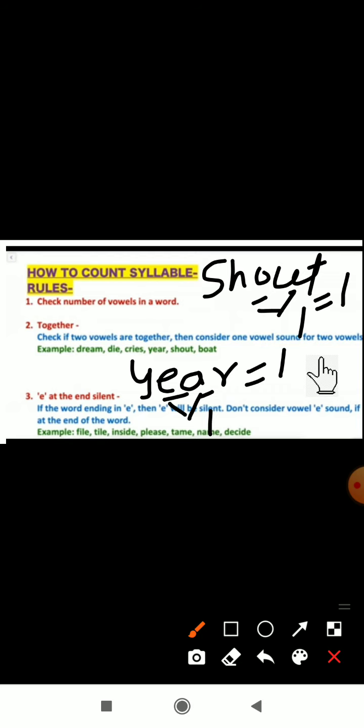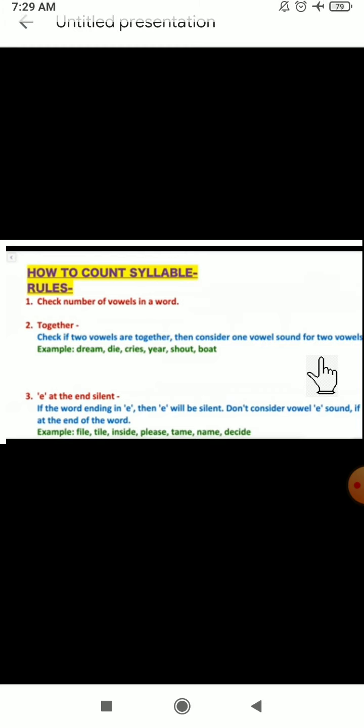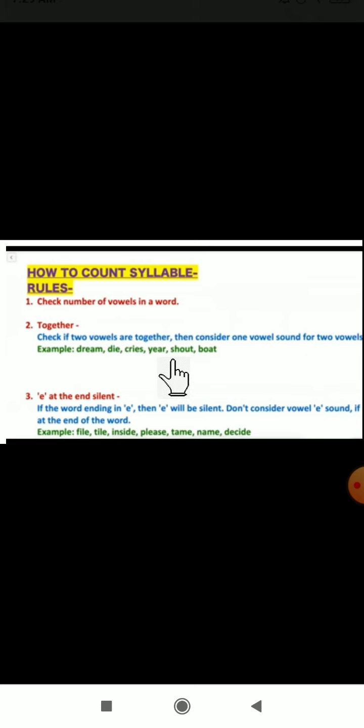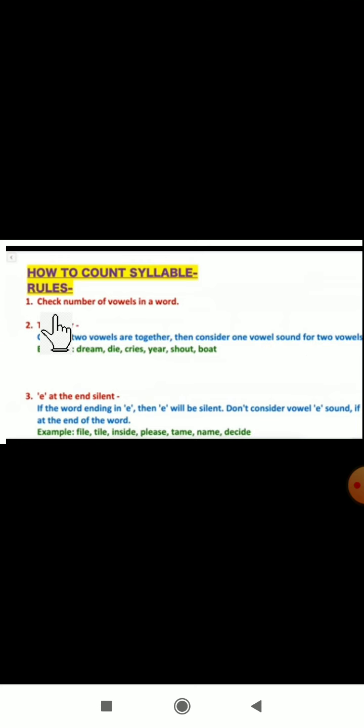Next. Now our second rule you understood. First rule also you understood. Check the number of vowels in the word. You checked. Now they are together. What is the second rule? If they are together, we have to consider only one. Now there is the third rule. E at the end is silent. Suppose E is at the end of the word.